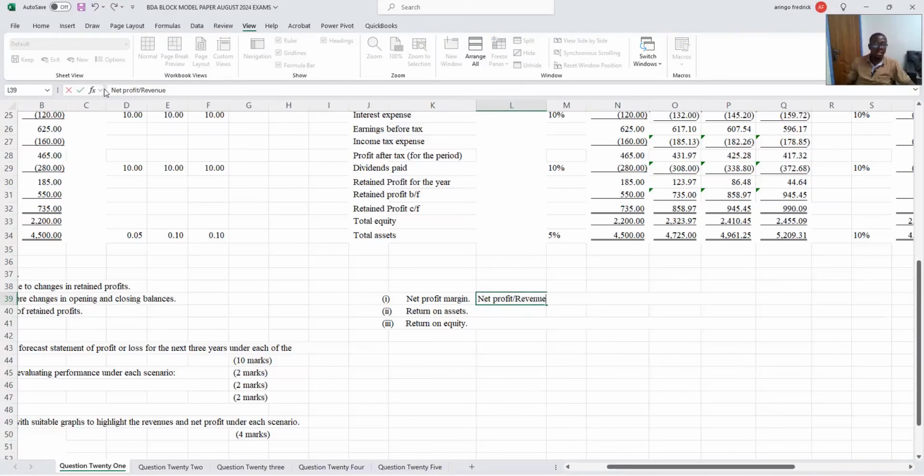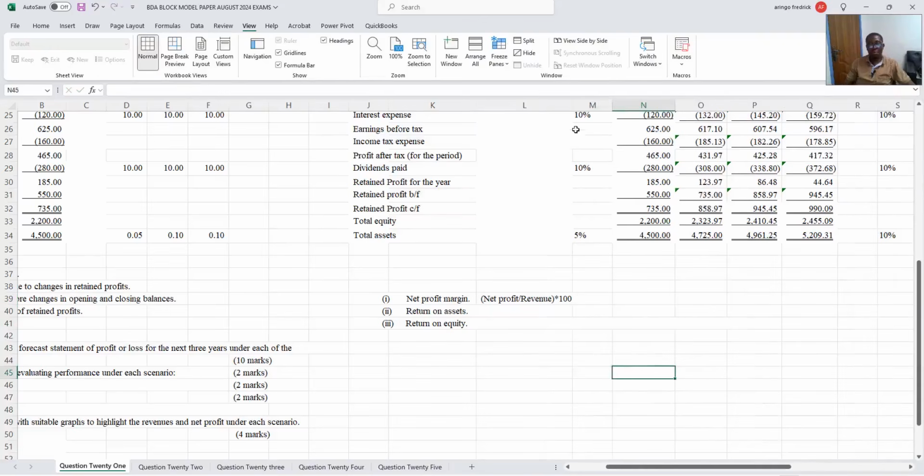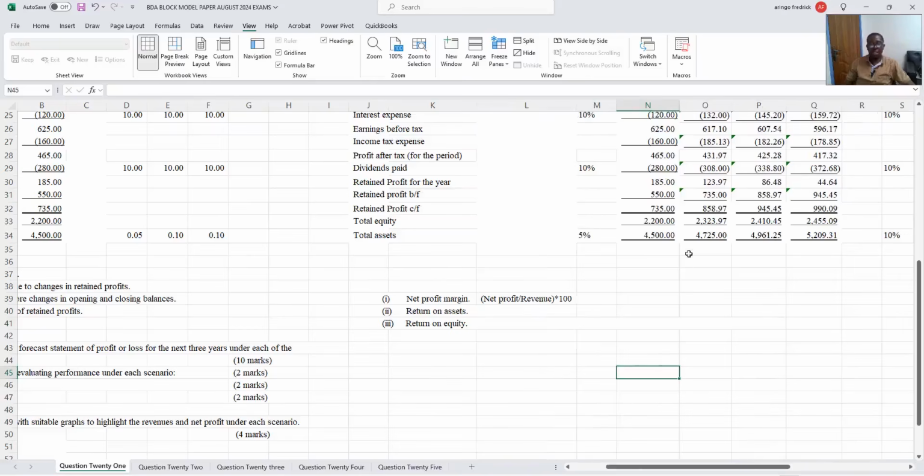All this times 100, because we should have them in percentage. That will give us our net profit margin.